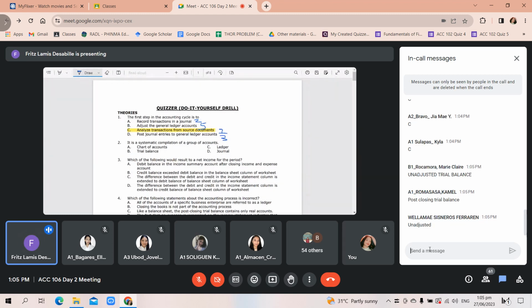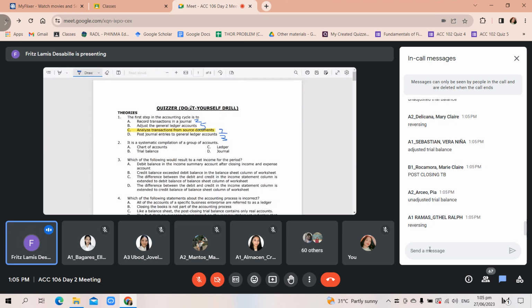Number 1, unadjusted trial balance. Reversing, correct? No, the adjusted trial balance, correct? And the post-closing trial balance. So again, the unadjusted trial balance, the adjusted trial balance, the post-closing trial balance, and the reversing entries. Those are optional, meaning you are not required to do them to complete the accounting cycle.